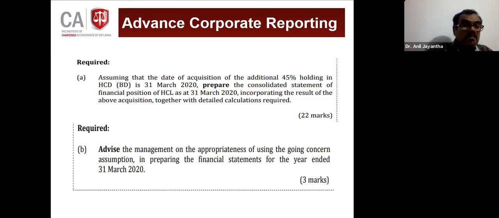The starting point is reading the questions. In this paper, this part carries 50 marks altogether. Part A, B, C, D, E. Part A: assuming that the date of acquisition of the additional 45% holding in HCD, that is a particular company given in the pre-seen, is 31st March 2020.